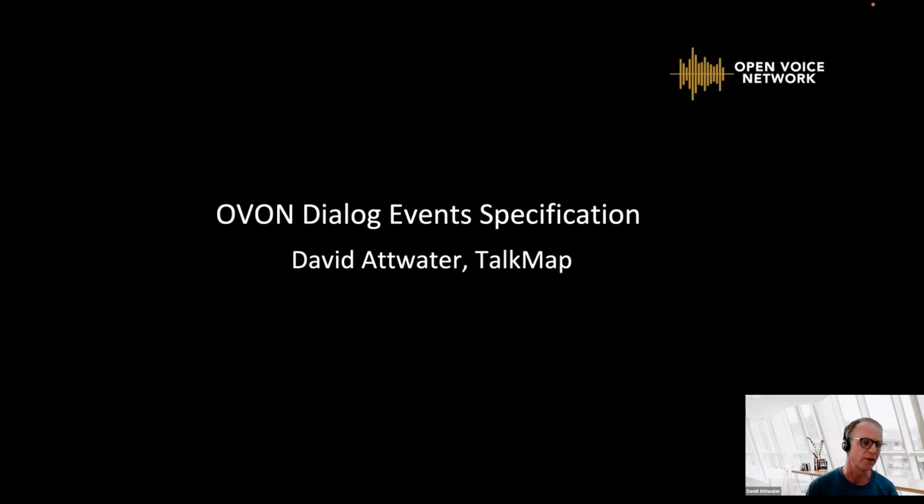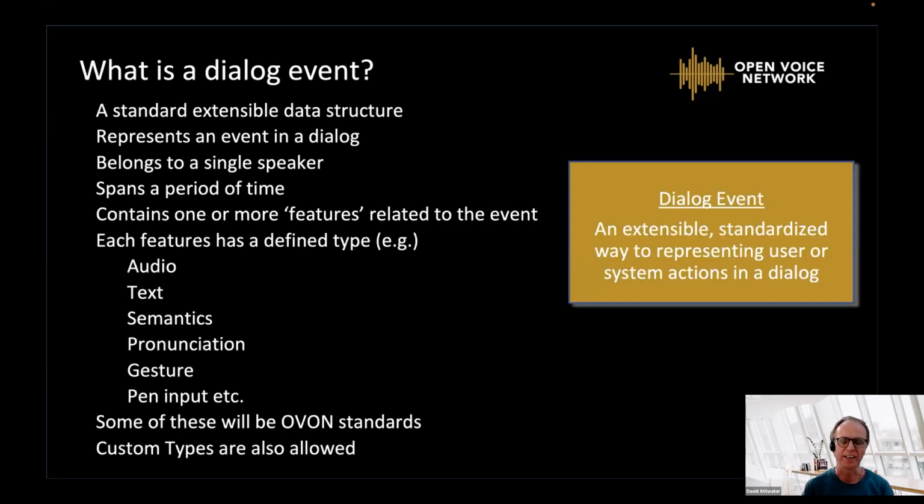So first of all, if we can move forwards to the next slide. Let me just explain what a dialogue event is. This is a very fundamental data structure that we're envisaging will be reusable in all sorts of protocols around the interoperable conversational system. It's a standard extensible structure. It represents an event in a dialogue.